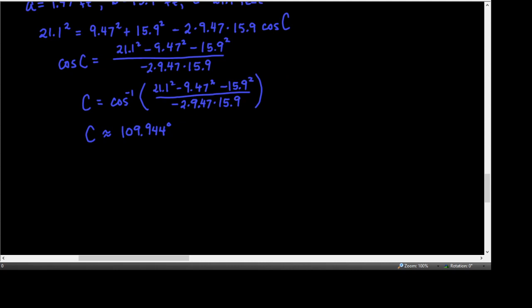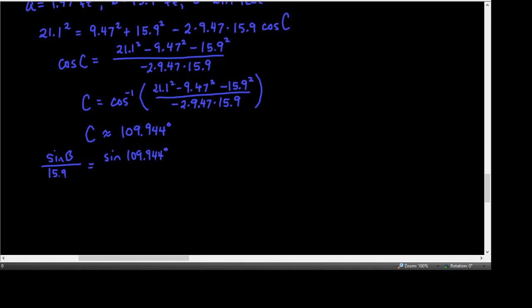So it doesn't matter if I find B or A next, so I think I'll go for B. So the sine of B over the value of B as a length, 15.9, should equal the sine of C, which I forgot to write that you should store, but hopefully by now you've made that a habit, because there are a lot of calculations when you're solving a triangle.